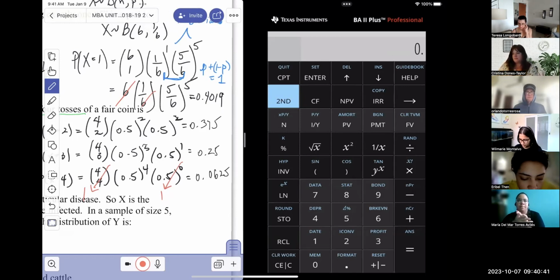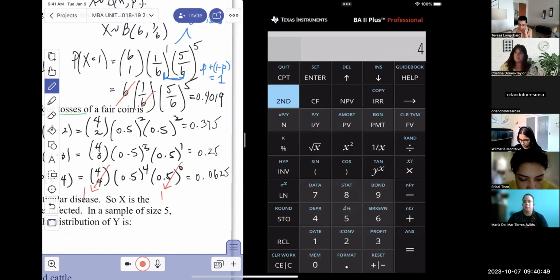Yeah, because it's 0.5, it's actually an easier thing to calculate times 4. Yeah. Okay, so then you add those together. That's what you do with them.